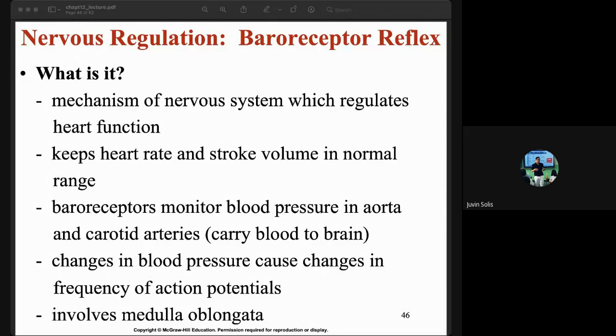Kahit hindi siya part ng cardiovascular system, hini-help niya to regulate the heart function and making things in normal range. Your baroreceptors monitor your blood pressure in the aorta and also in the carotid arteries. Changes in blood pressure cause changes in frequency of action potentials, and this one involves your medulla oblongata.